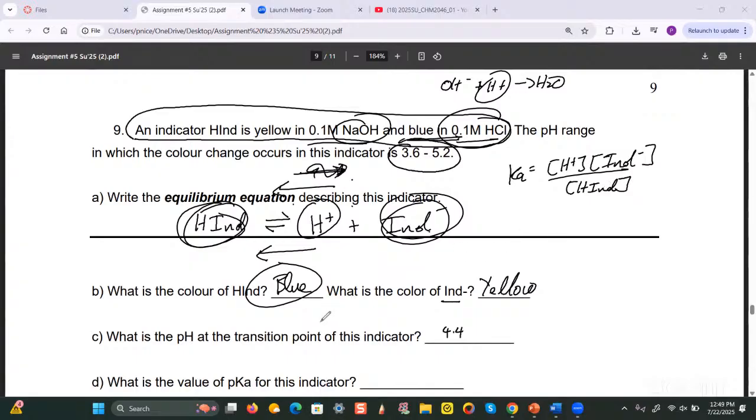So if you remember, for the answer to question C, the pH is at the middle of that range. What that means also is that the concentration of IND minus is equal to the concentration of HIND at that point. So if this is equal to this, they'll cancel out, which means what? What would be the pKa at that point? Exactly, the same thing as the pH at that point, which is 4.4.